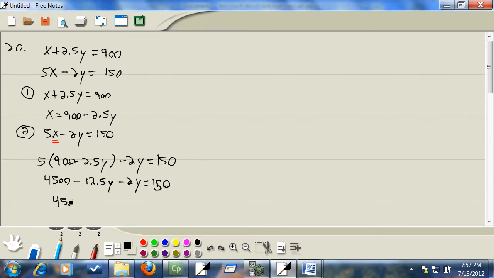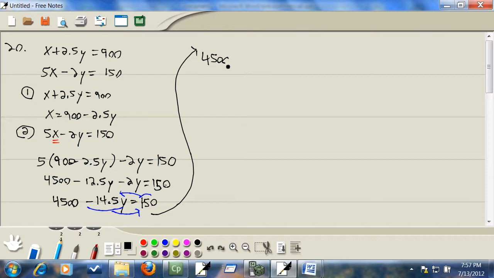Combine together like terms at any step. Negative 12.5y, negative 2y gives us negative 14.5y equals 150. Get everything with y on one side, numbers on the other side. I'm going to take the negative 14.5y to the right side, so it's positive, and 150 over to the left side. So we got 4,500 minus 150 equals 14.5y.